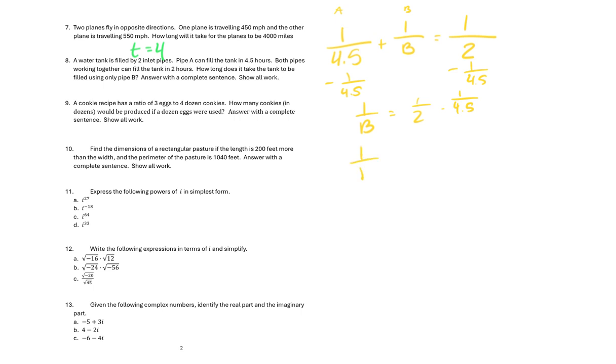So we get 1 over B is equal to 4.5 over 9 minus 2 over 9. We simplify that down, we get 1 over B is equal to 2.5 over 9. If we cross multiply to solve, we end up getting 9 is equal to 2.5B.